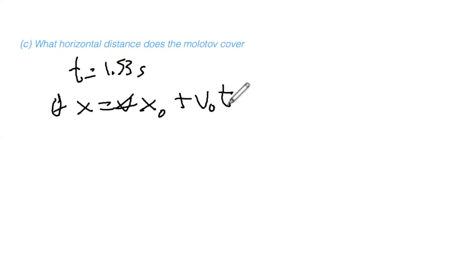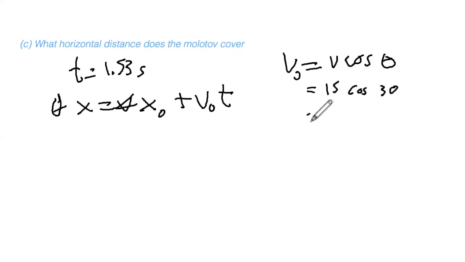There's no acceleration, so we ignore that. Let's solve for this first. We just use our trigonometry. It's going to give you 12.99 meters per second.